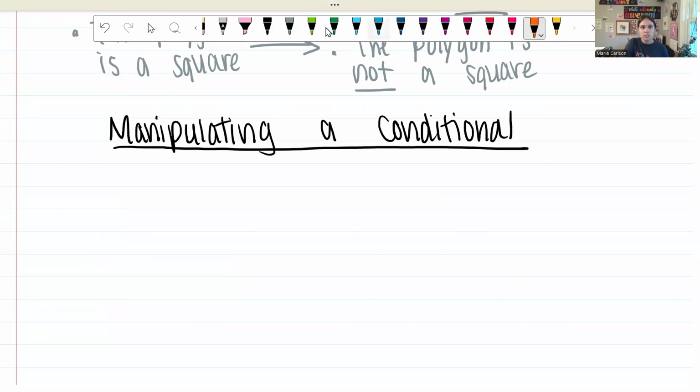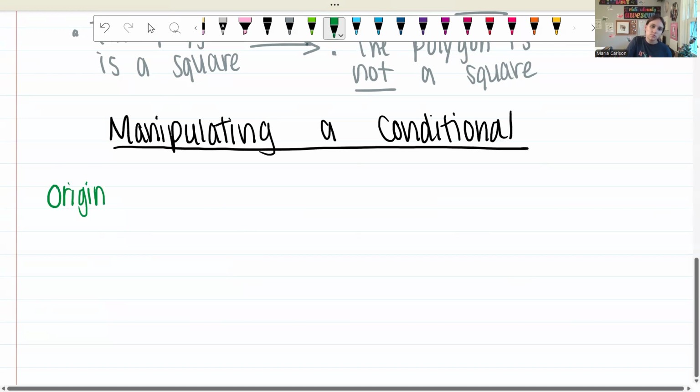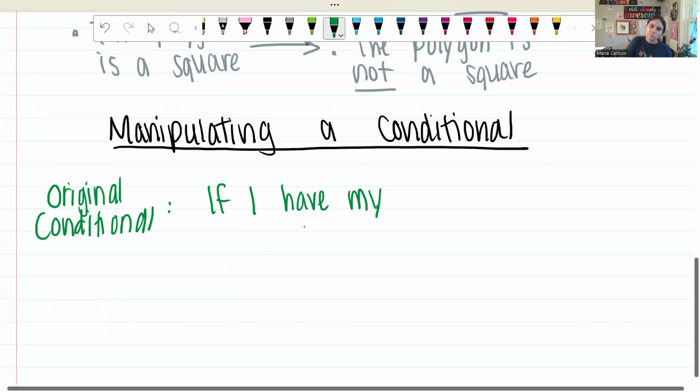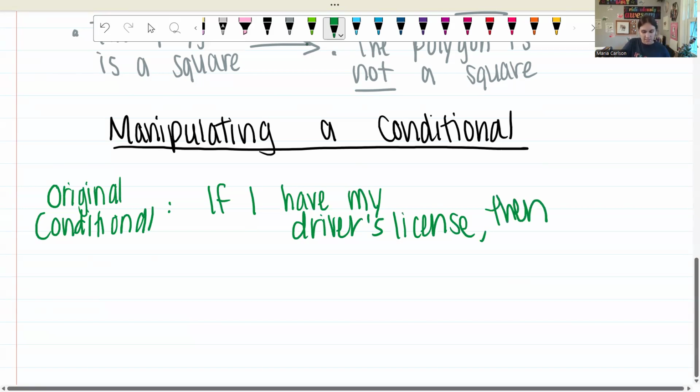Our original conditional is, if I have my driver's license, then I am at least 16.